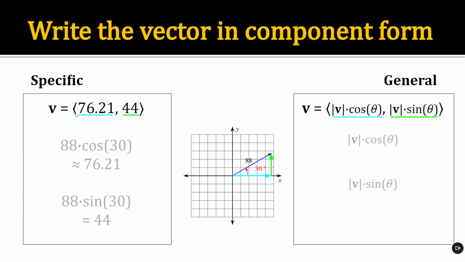I ended up finding the specific horizontal and vertical components of 76.21 and 44, but generally speaking, if we have a vector, we can say that its components are magnitude of the vector times cosine of the angle and magnitude of the vector times sine of the angle.